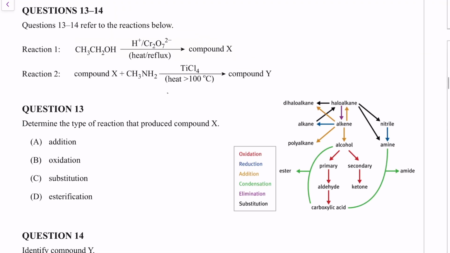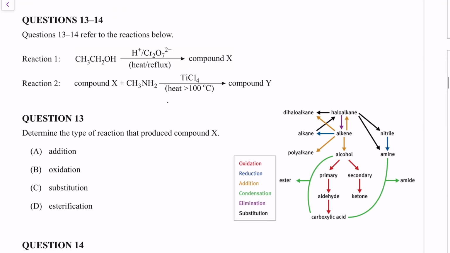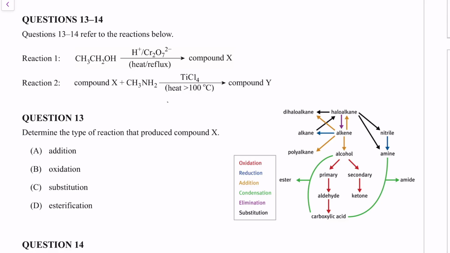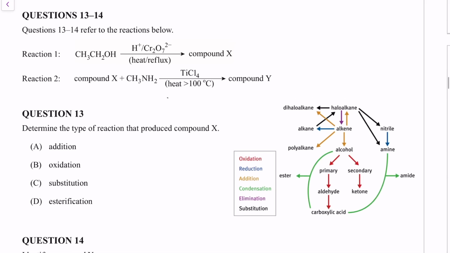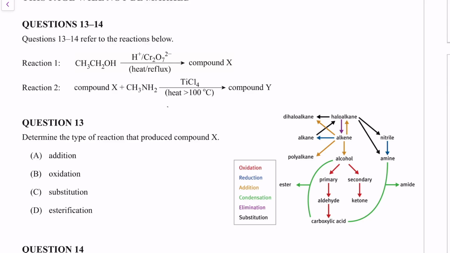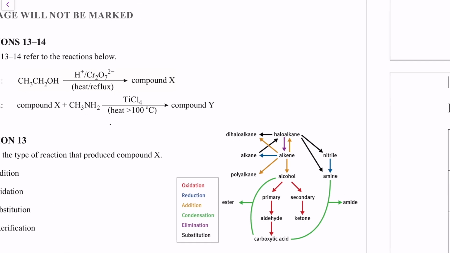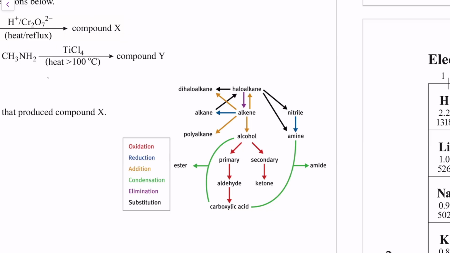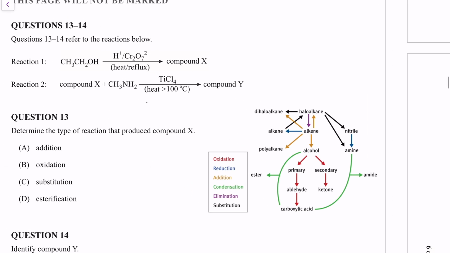So questions 13 to 14 are talking about two reactions as shown, and question 13 is asking to determine the type of reaction that produced compound X. Now we know from the GAA syllabus we have these pathways which we have to memorize by heart.